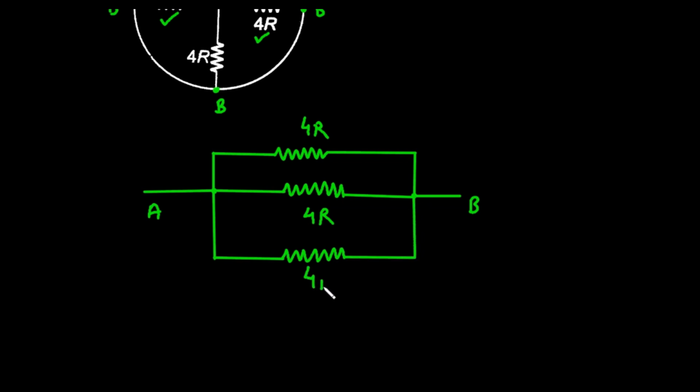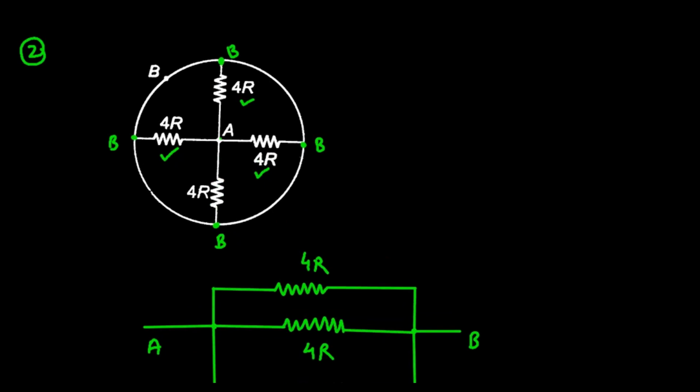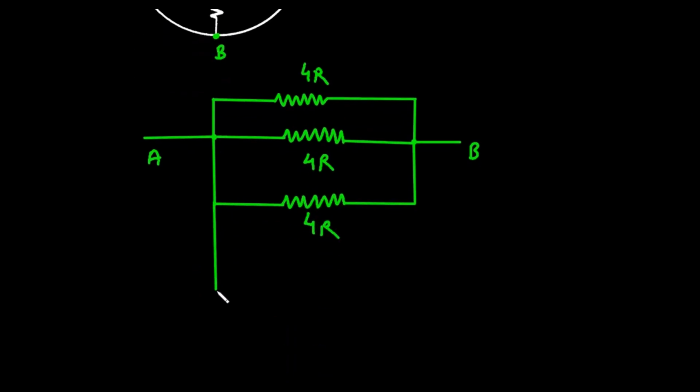It is 4R. And then finally this A and B, this is 4R. So it will be like this. Now here we can see between terminal A and B, these are all connected in parallel.